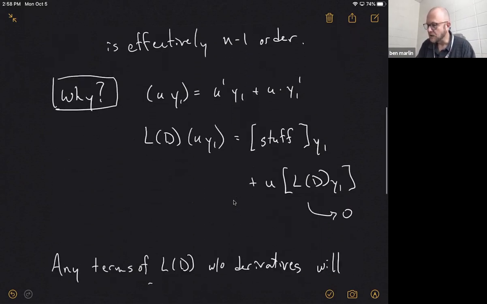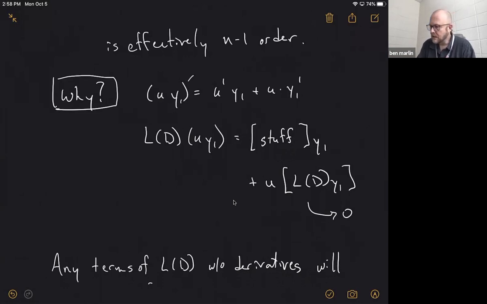Then the question of why. So if you take the derivative of u times this y1, the product rule is going to have you doing that as u prime y1 plus u times y1 prime. Now, any term that doesn't have a derivative in it, the product rule doesn't apply to, right?